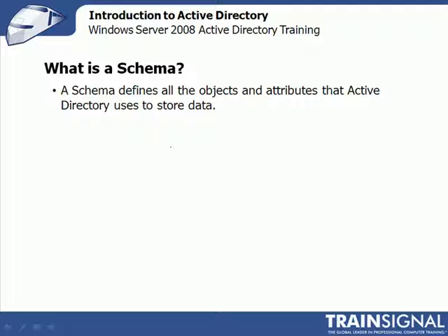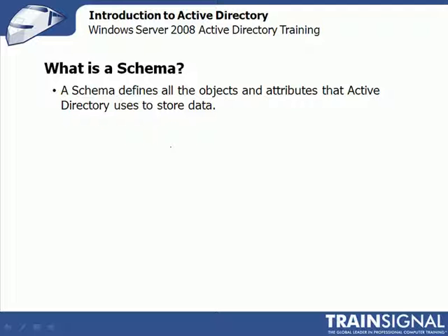Now, although the schema can be modified manually, I recommend that you don't do it. Unless you know exactly what you're doing and you're leaning on the developer side of things, don't go in and mess around with the schema. Just leave it alone.